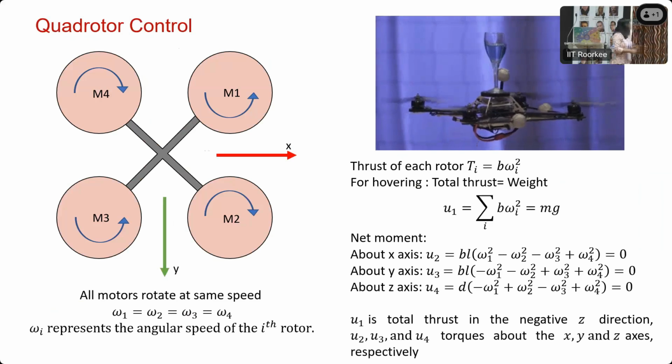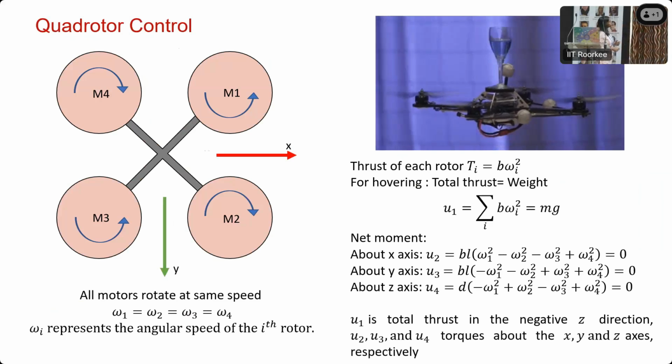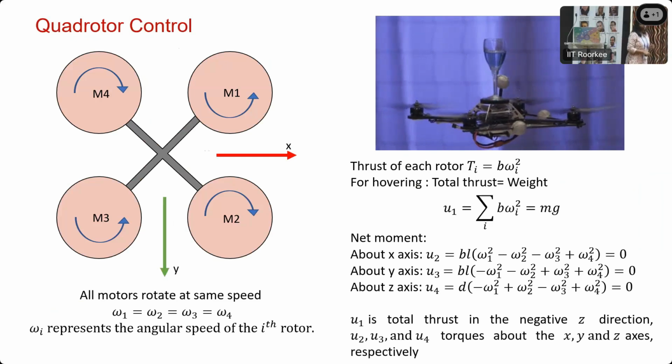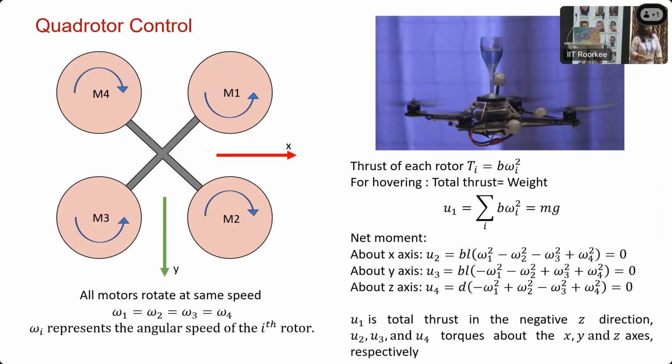We have these 4 rotors, and of course the movements will be generated by these 4 motors. Let's say that each motor rotates with the angular speed of omega 1, omega 2, omega 3 and omega 4. One can first visualize the motion of a quad rotor from ground to a height.